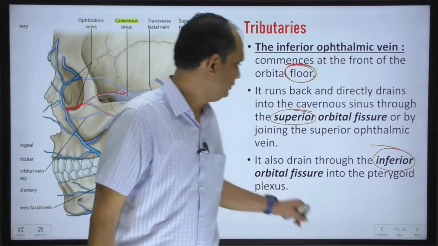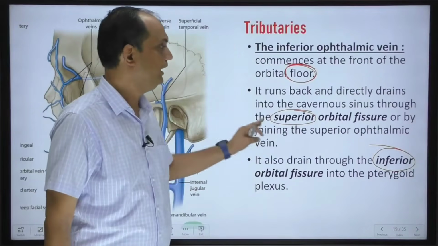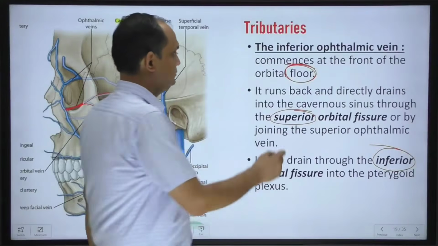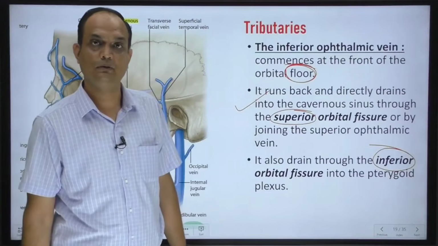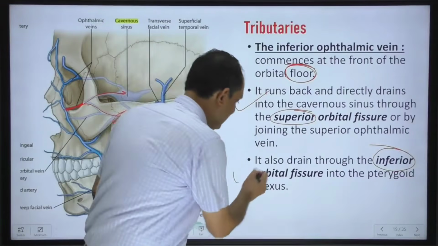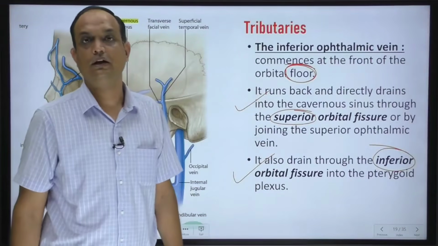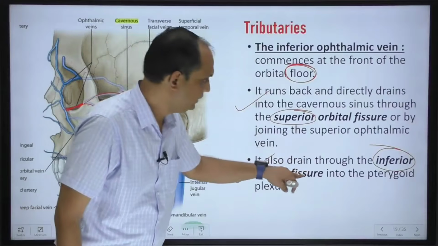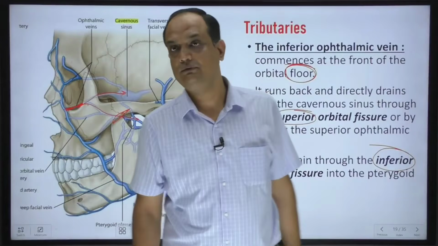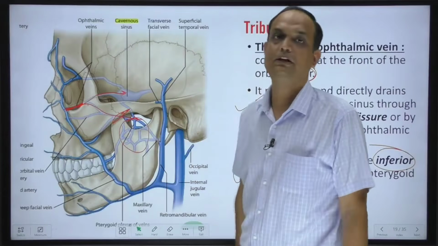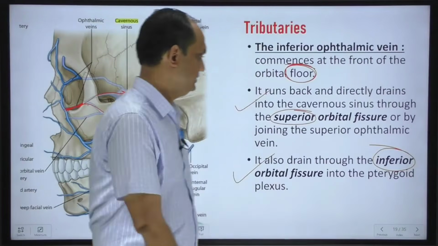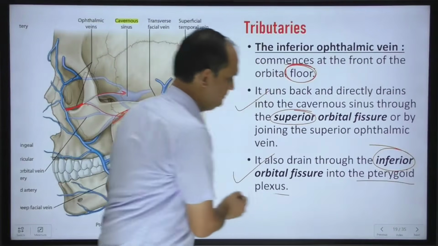Clear? So it has two ways of drainage. One is direct drainage into the cavernous sinus, through the superior orbital fissure. The other is indirect drainage, through the inferior orbital fissure, and through the inferior orbital fissure it will communicate with the venous plexus known as pterygoid venous plexus.